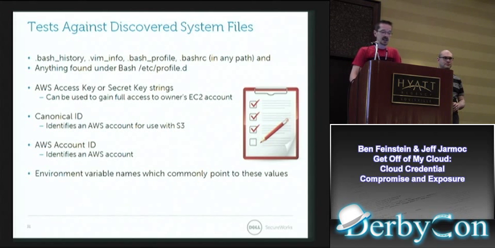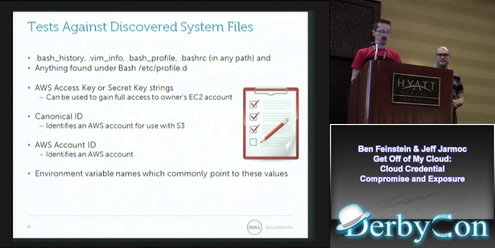We also run some tests against various system files, primarily focusing on bash history, viminfo, bash profile, bashrc, and anything that's in /etc/profile.d. When we find these files, we iterate through all of them and look for various strings that generally set environment variables of the Amazon Web Services access key, secret key, the canonical ID for S3, and the AWS account ID, because oftentimes that will live nearby other, more interesting key materials that we may have missed.